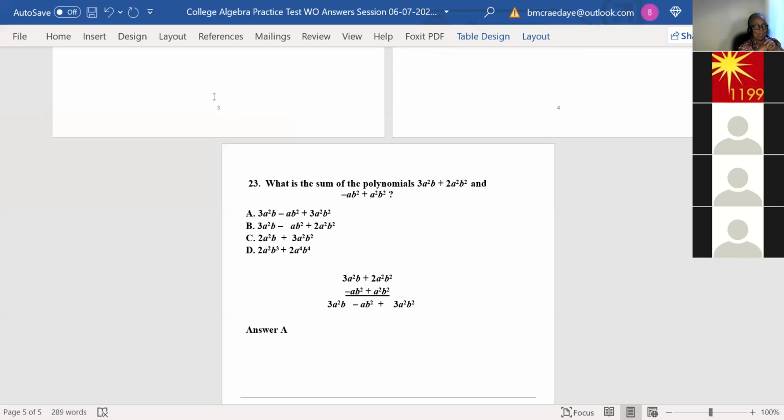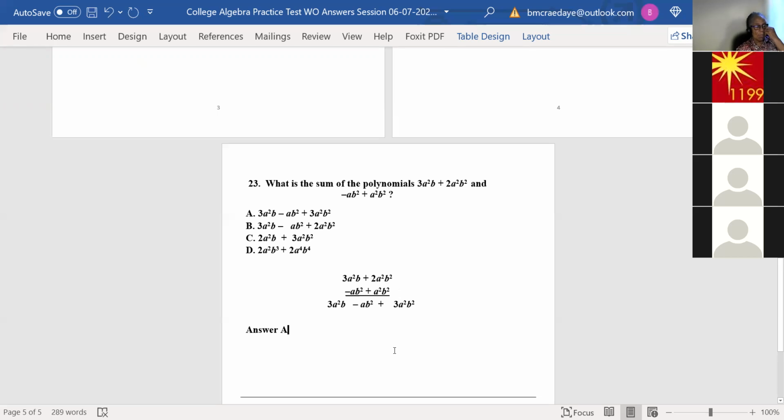So you can only add up like terms, and you can add or subtract coefficients. But the only ones that are alike here are the 2a squared b squared and the 1a squared b squared. See that coefficient of 1, Audrey, they don't generally put a 1. But when you don't see it, that's the coefficient. So 2 plus 1, that's how we got the 3 here.